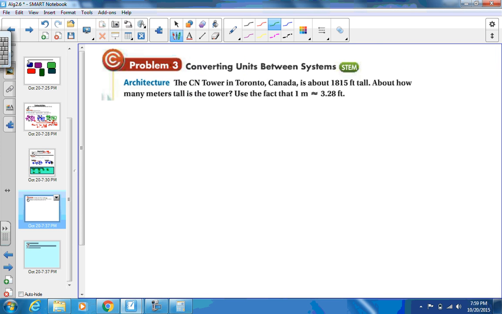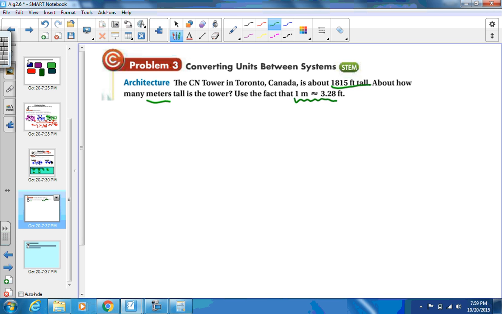The one I want to leave you with is it says the CN Tower in Toronto, Canada is about 1,815 feet tall. But how many meters would the tower be? So we're trying to go from feet to meters. And here's the conversion factor: 1 meter to 3.28 feet.